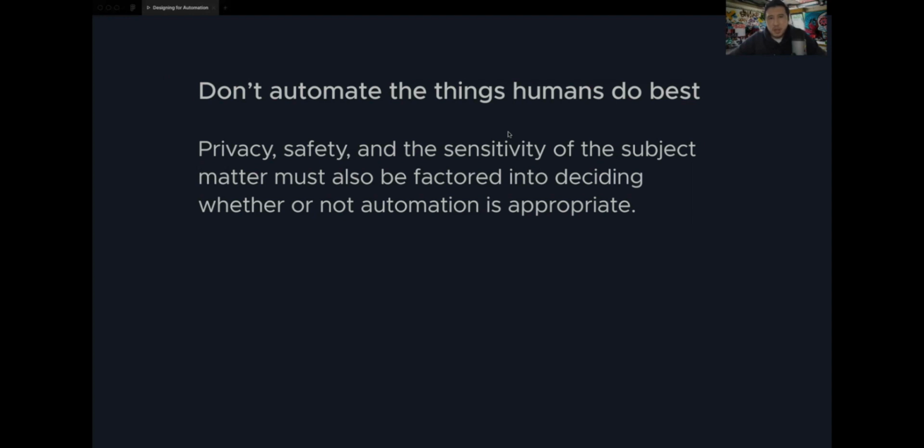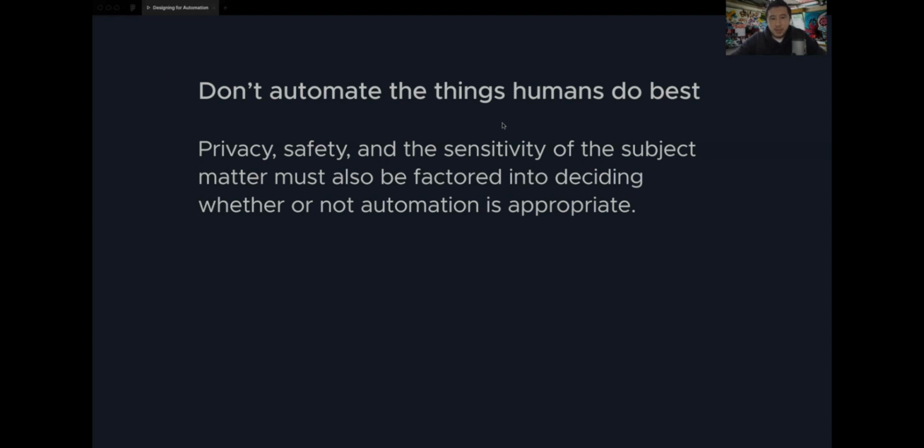A machine can just pass this information to the patient, but in this case humans are best because they can explain the situation and calm down the patient. They can motivate the patient, and it's best in this case not to automate similar processes.